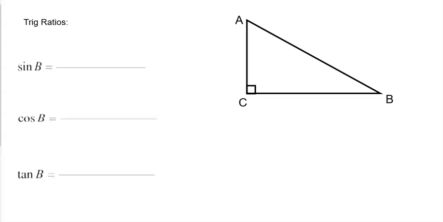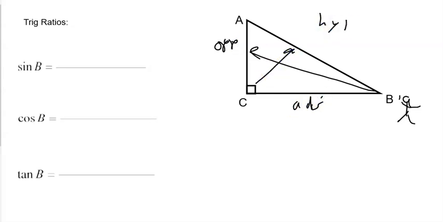So let's do the same thing for B. If you're down here looking at B, and you're looking this way, this side over here is opposite. This side is adjacent, and that's your hypotenuse. So the sine of B would be opposite over hypotenuse. So that would be AC over AB.